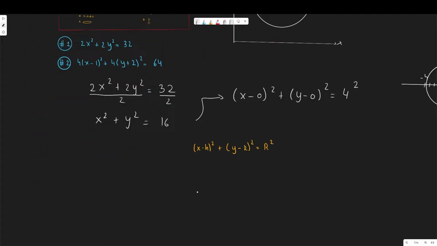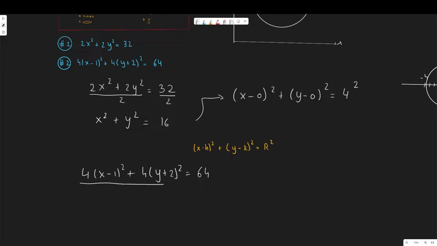For the second exercise, we have 4(x - 1)² + 4(y + 2)² = 64. Again, you see a lot of similarities between this equation and the general equation. So let's do some operations to get it to the standard form.